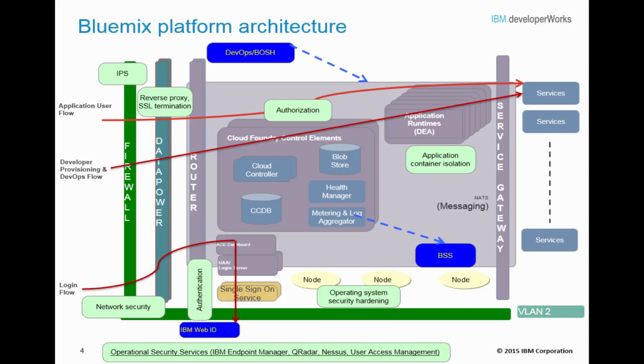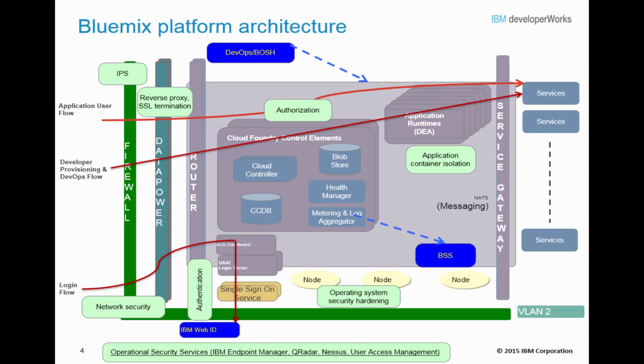Now, the service broker for a service is responsible for creating and binding to the service instance. We need the message bus to give us a lightweight messaging system for internal communication between the components. And a very important piece of the elements we have discussed is the log aggregator.